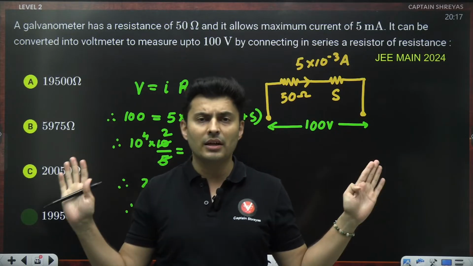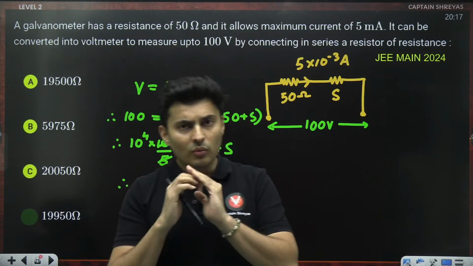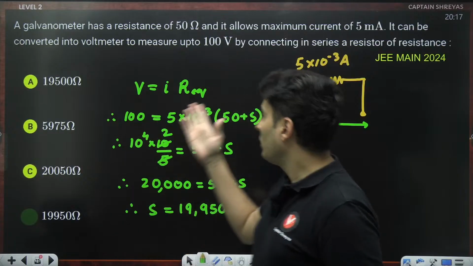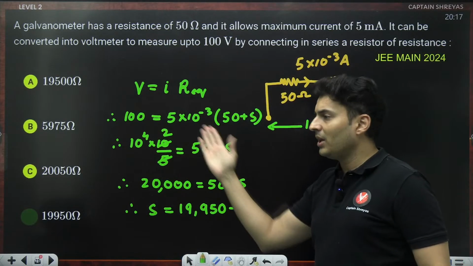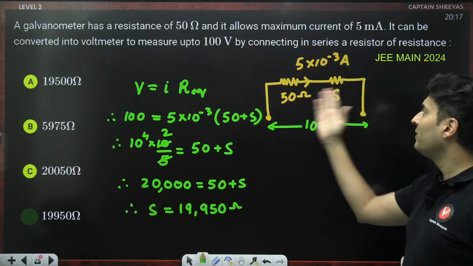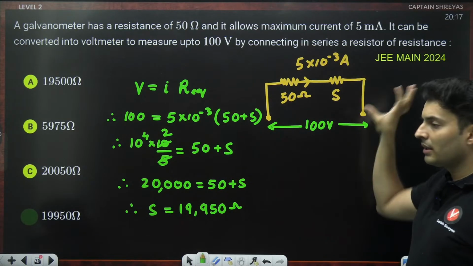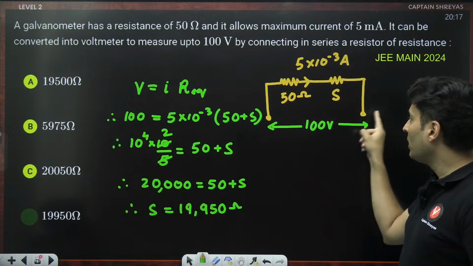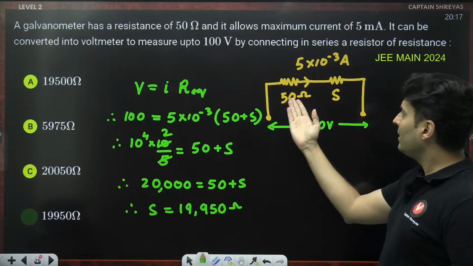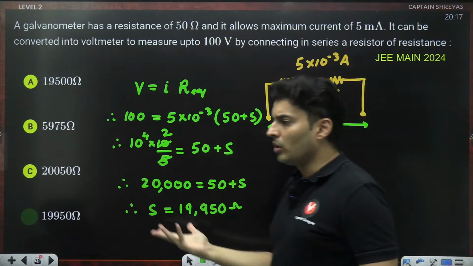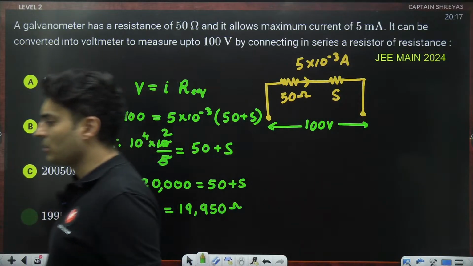Use your basic Kirchhoff's laws or Ohm's laws. That's exactly what I've done. I did not recollect any formula, I just know Ohm's law. I know if it is a voltmeter, I need to connect a resistor in series, and the total voltage across both these resistors should be 100.